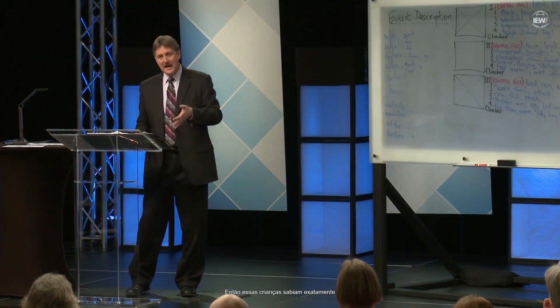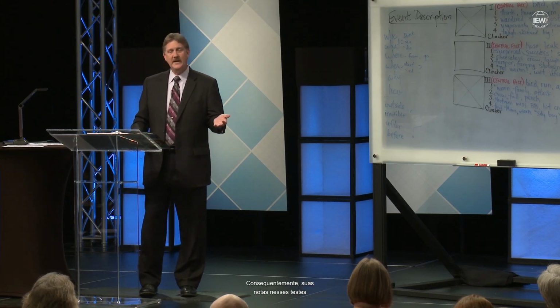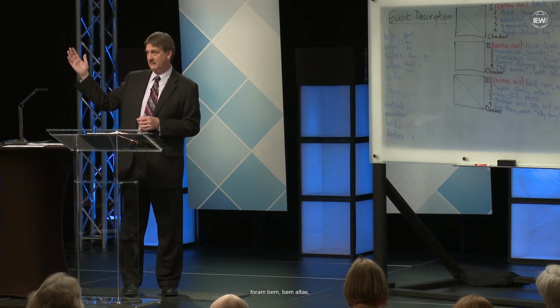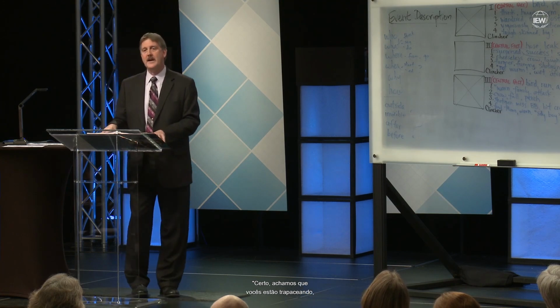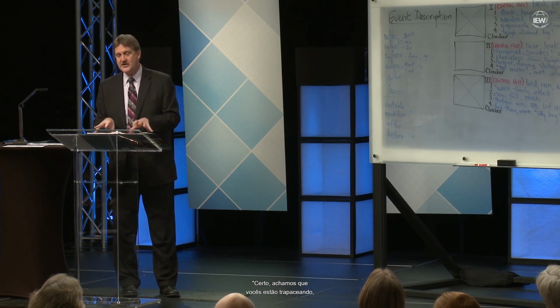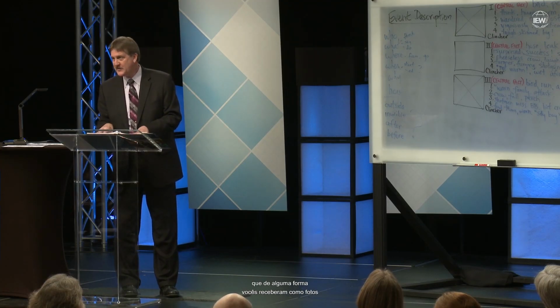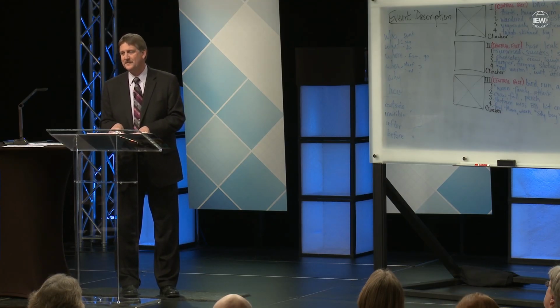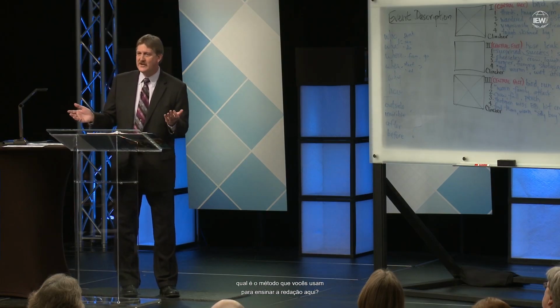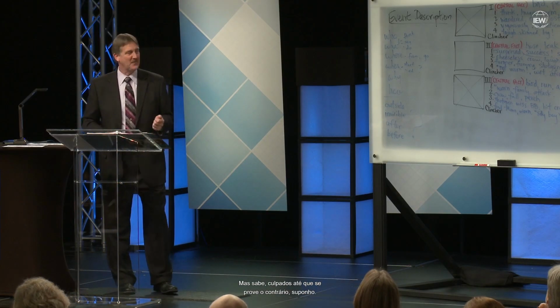Well, this entire school was using blended structure and style and teaching all the kids every year all 9 units. So these kids knew exactly how to deal with a picture. Consequently, their scores on these tests were very, very high because they did so much better than the other kids. So the authorities came to the school and said, okay, we believe that you are cheating, that somehow you got this picture in advance and have coached your kids because they all have done so well. They should have just said, what method do you use to teach your kids writing here? But, guilty till proven innocent, I suppose.